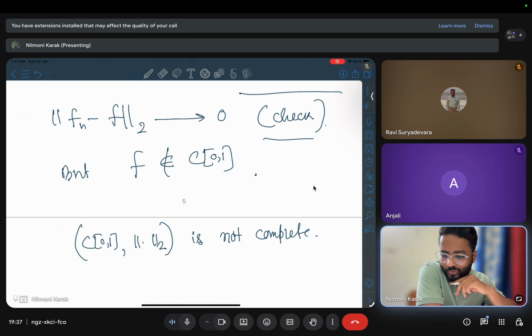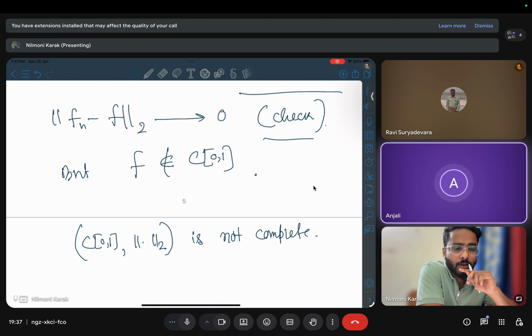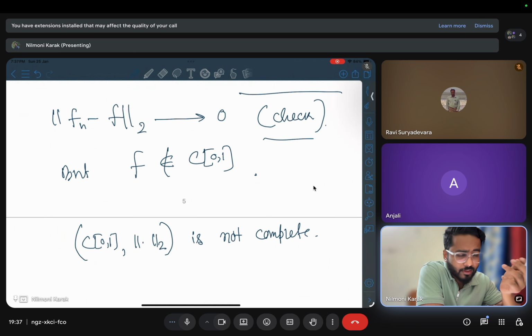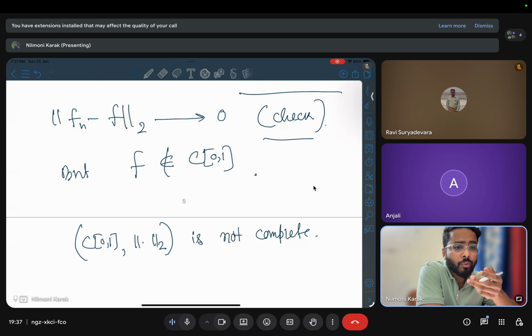For this course, you need some basic idea from real analysis and functional analysis. Functional analysis is also going on, and real analysis we are done with, basic things like some Hilbert space and Banach space concepts. You know metric space very well, right? Yes, sir.